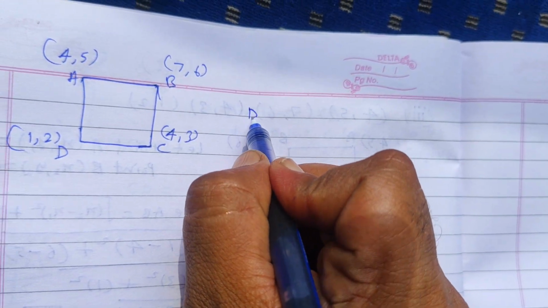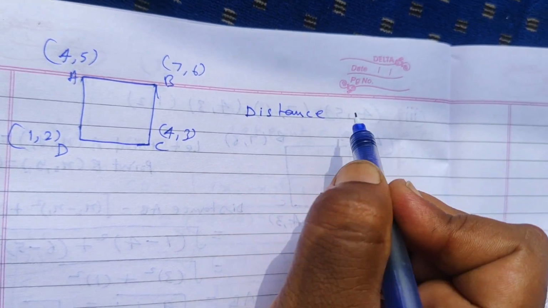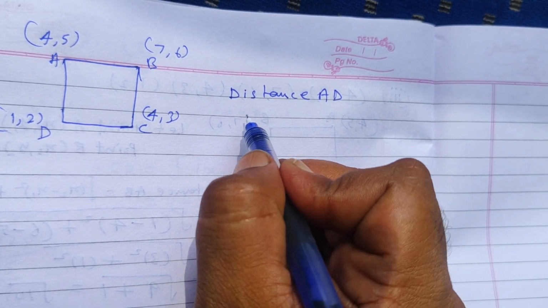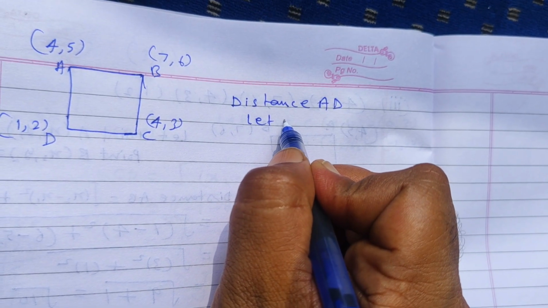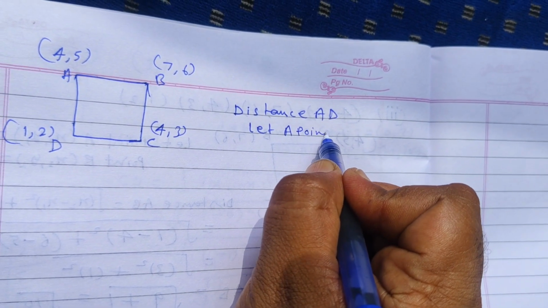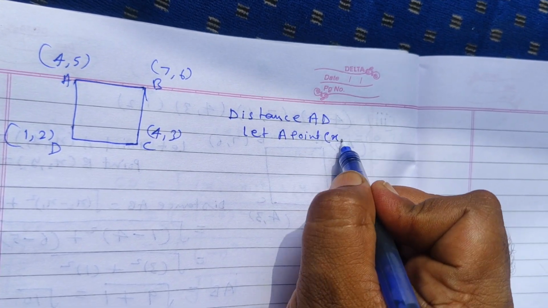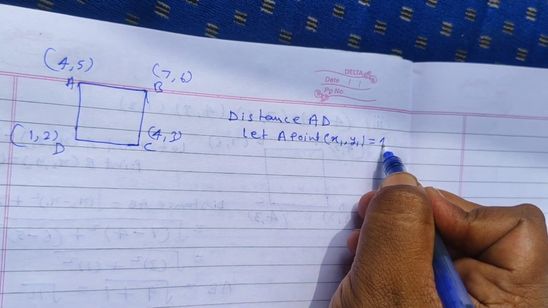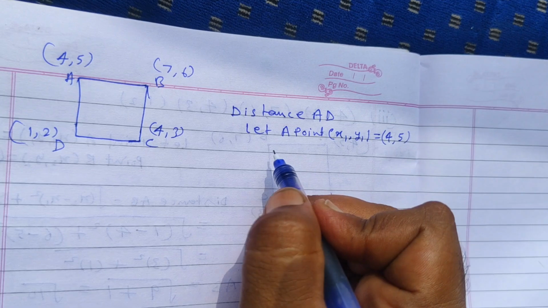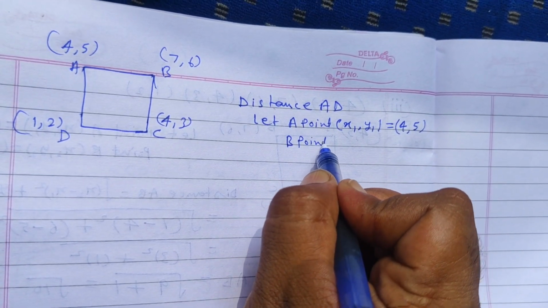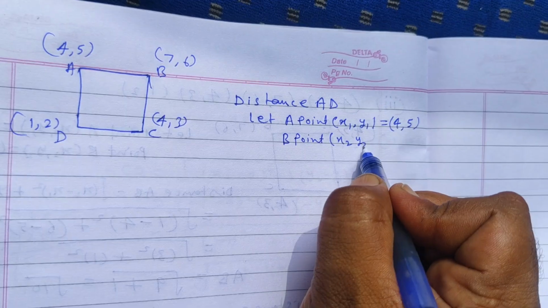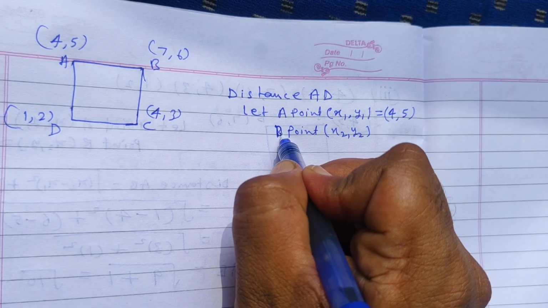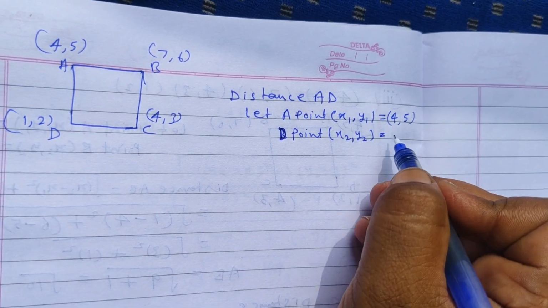We find distance AD. Let A point (x1, y1) be 4 and 5, and D point (x2, y2) be 1 and 2.